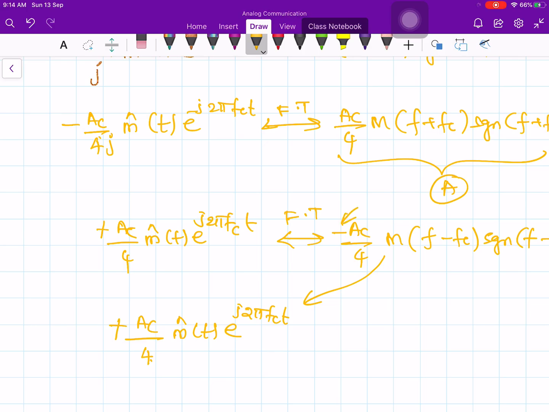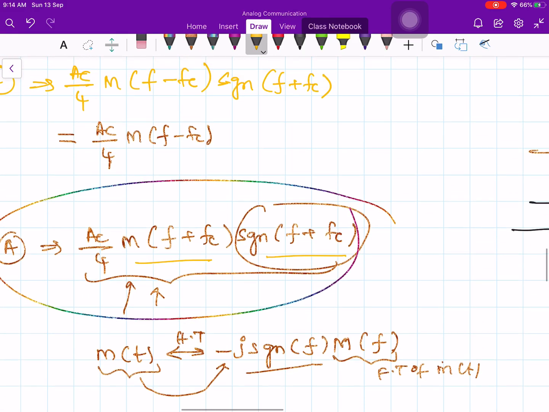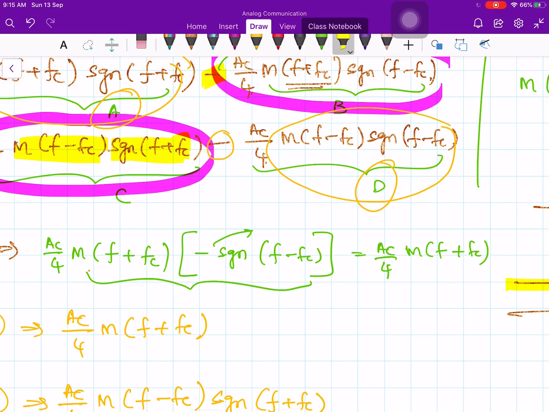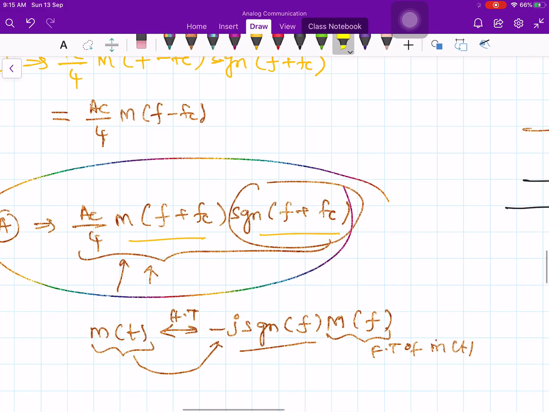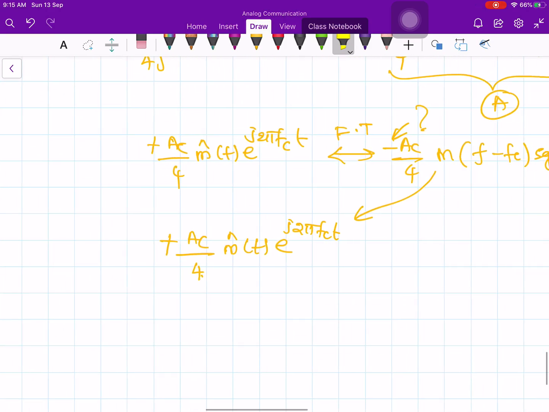Because from this expression, this minus. Look at this, there is a minus sign here. This minus is coming over there. This one, that's it.